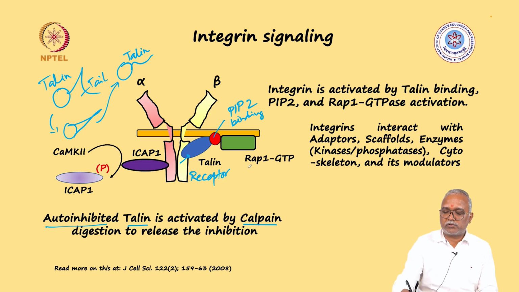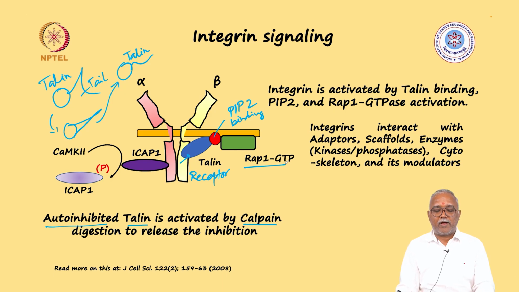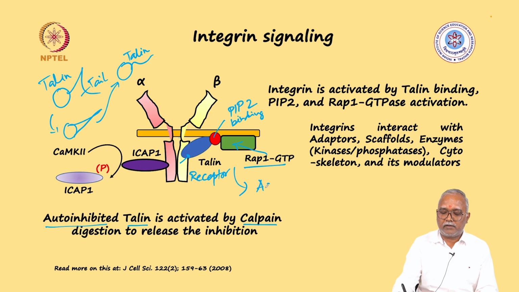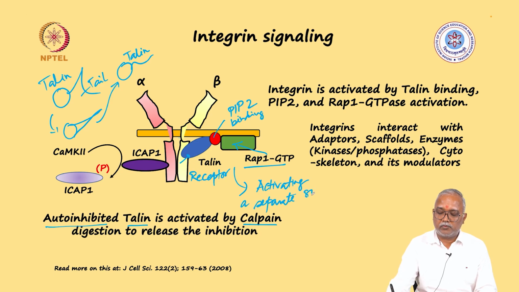One of the molecules which is importantly shown to be regulating the growth or proliferation kind of activity of these integrin receptors is called RAP1 GTPase. So RAP1, we know it's a small GTPase, and in the GTP bound form it is active, and that is where it will associate with this entire complex of talin, receptor, PIP2, and then activating a separate signaling route.